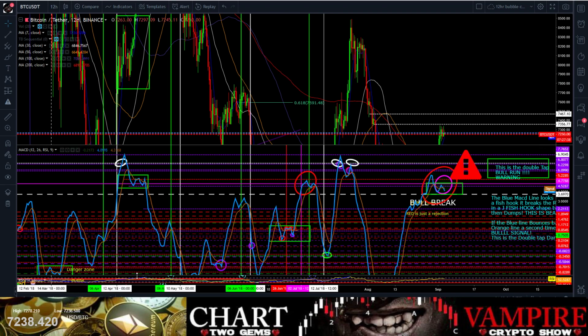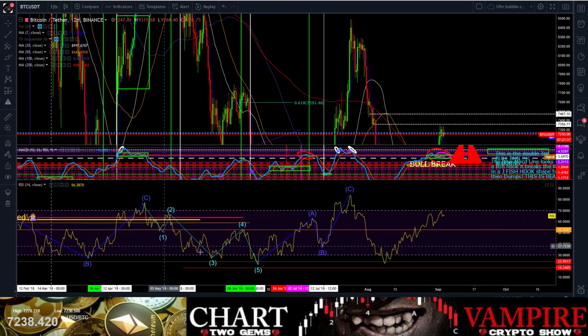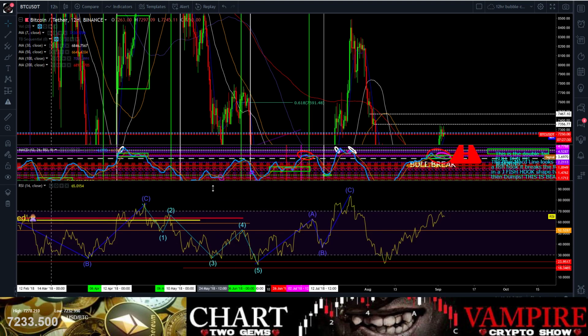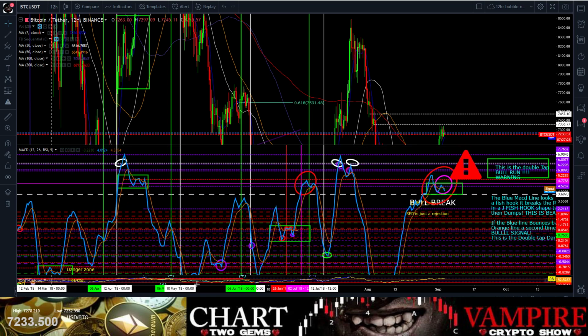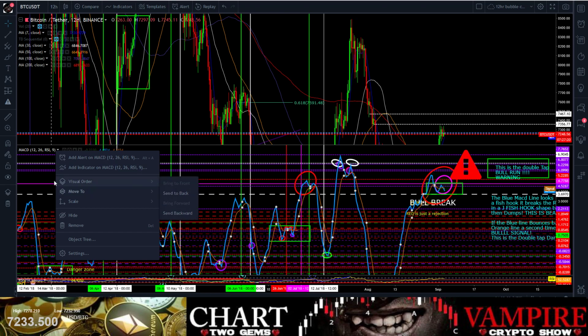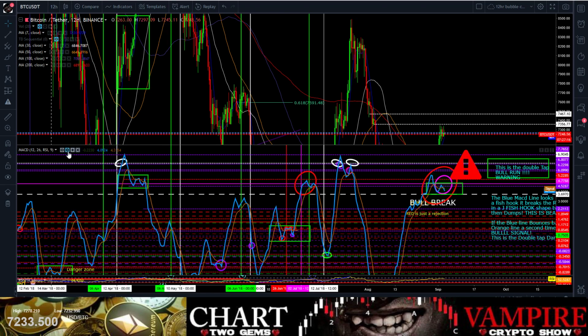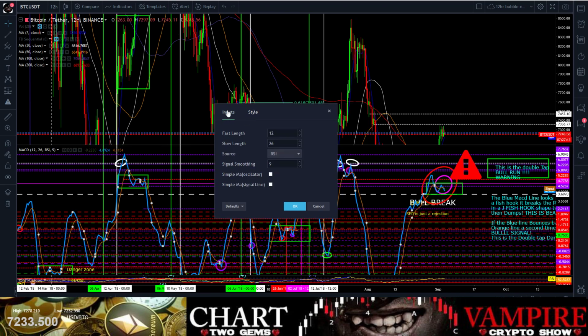What you have to do is load RSI. Here's your RSI chart. You've got to have RSI on here. I load RSI, and then I add the MACD. Once you add MACD, you go into inputs and select the source.